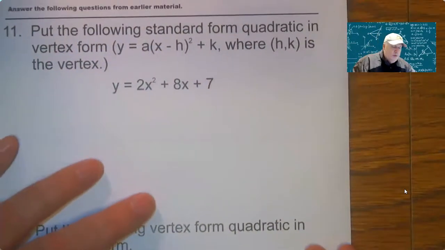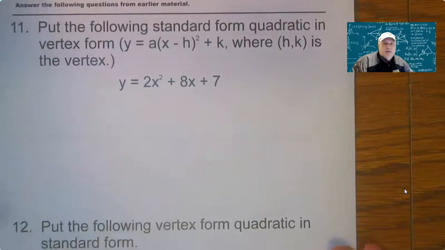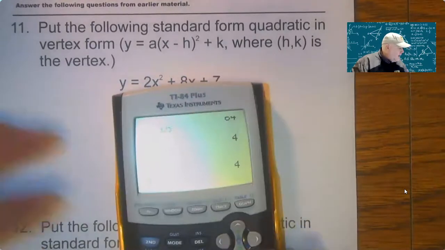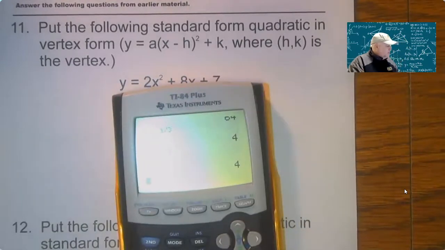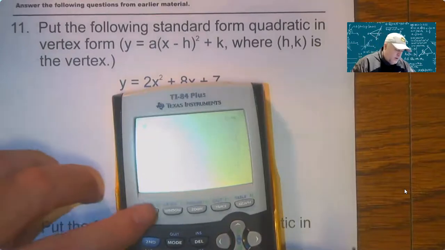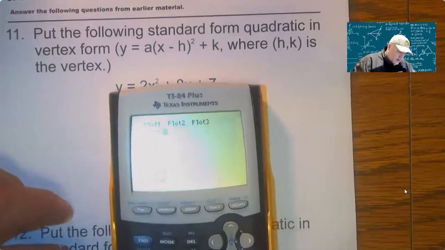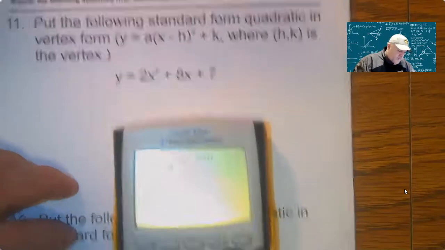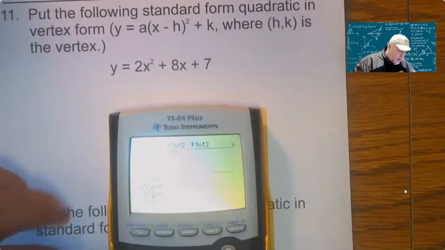Okay, put this in standard form. You know what I would do? I would use your table to find the vertex instead of completing the square. Find the vertex. Let's do that. And then you'll know what to do. You just need to make sure that you do it right. So we have 2x squared plus 8x plus 7.